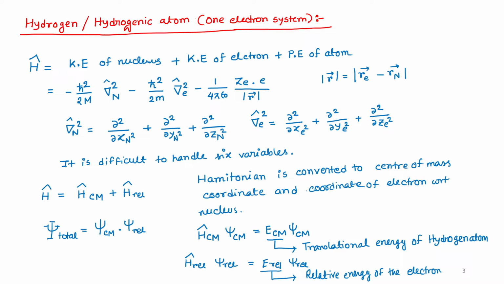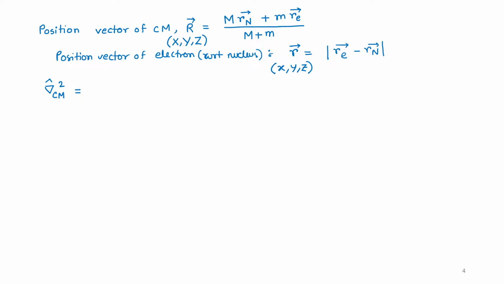We can work with the rest 3 variables, which are related to the relative energy of the electron, which is our interest here. So let me define this. We will want something like this. These are capital.